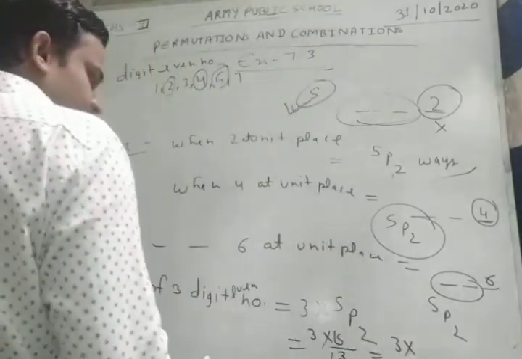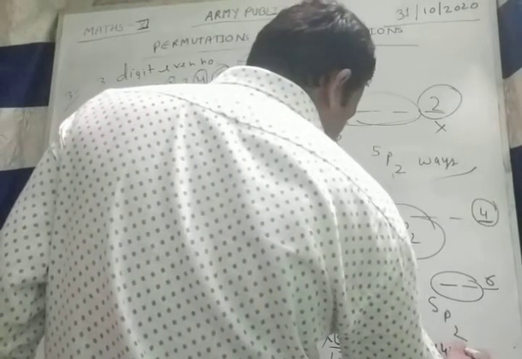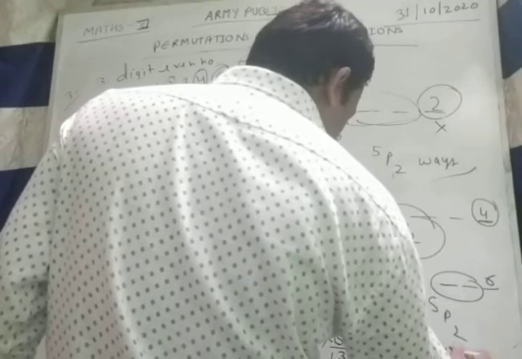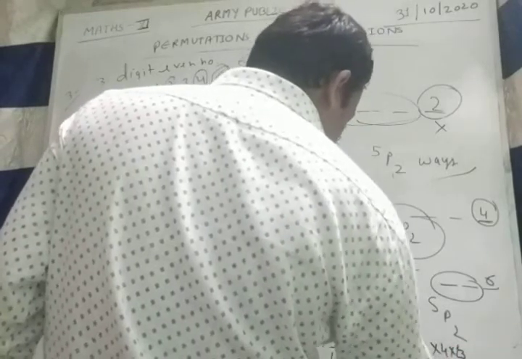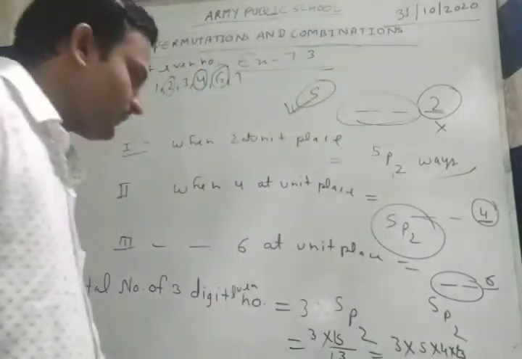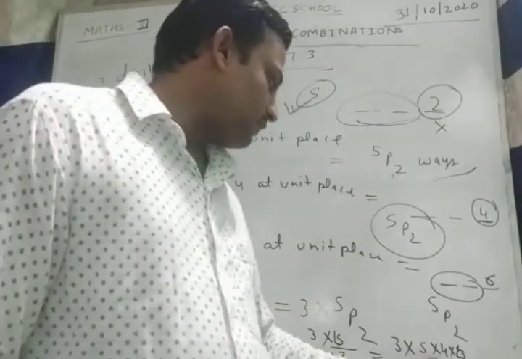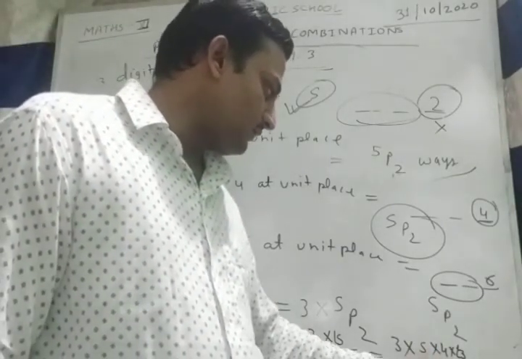This is equal to 3 into factorial 5 by factorial 3, and factorial 5 can be written as 5 into 4 into factorial 3. This 3 and 3 will cancel.